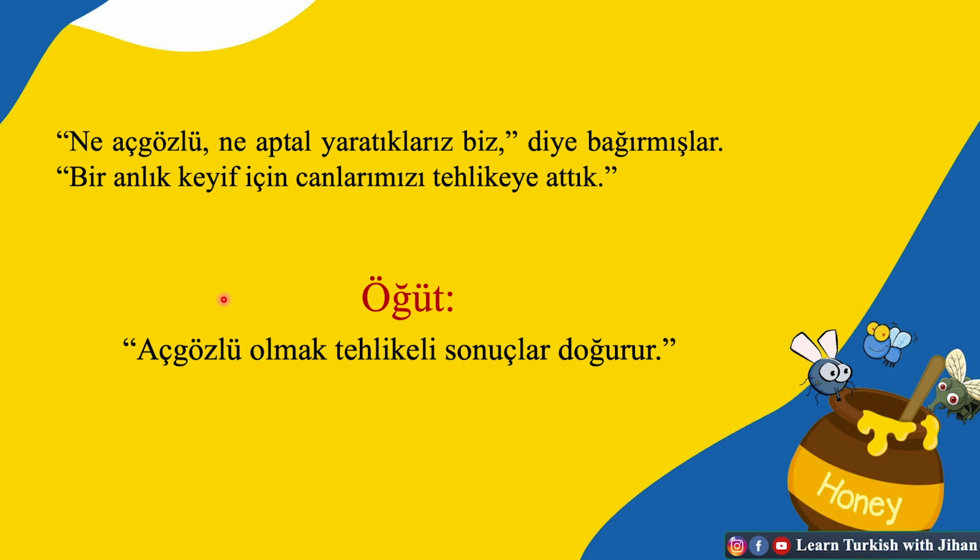To be greedy has dangerous consequences. Sonuçlar doğurur means produces results. This is the literal translation. Tehlikeli, dangerous, olmak, to be, açgözlü, greedy. But the translation will be: to be greedy has dangerous results.